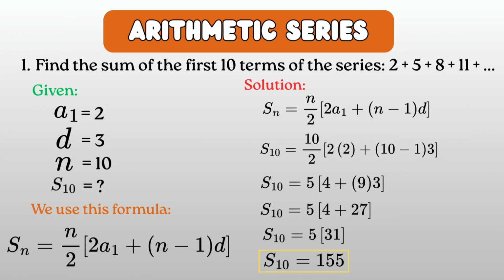We will get S sub 10 is equal to 5 times the quantity of 4 plus 9 times 3. Multiply the 9 and 3 to get 27. Add 4 and 27 to get 31. Finally, 5 times 31 gives us our answer. S sub 10 is equal to 155. If you manually added the first 10 numbers of that pattern, the total would be 155.